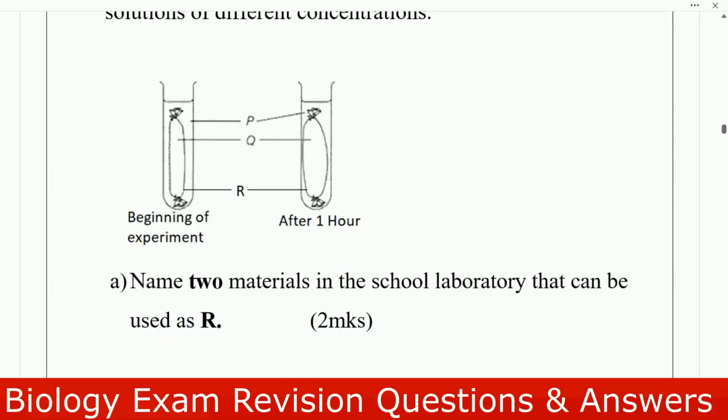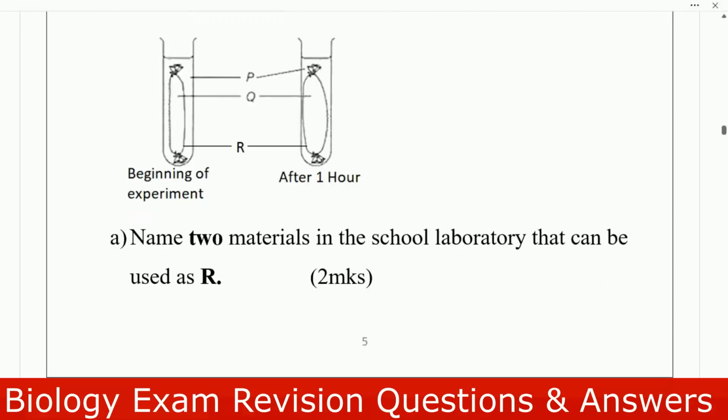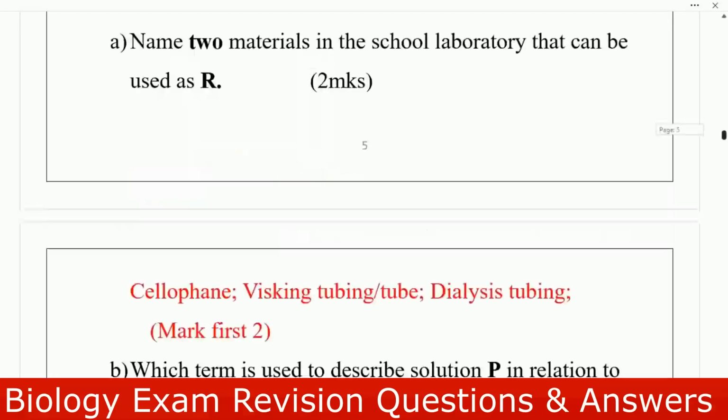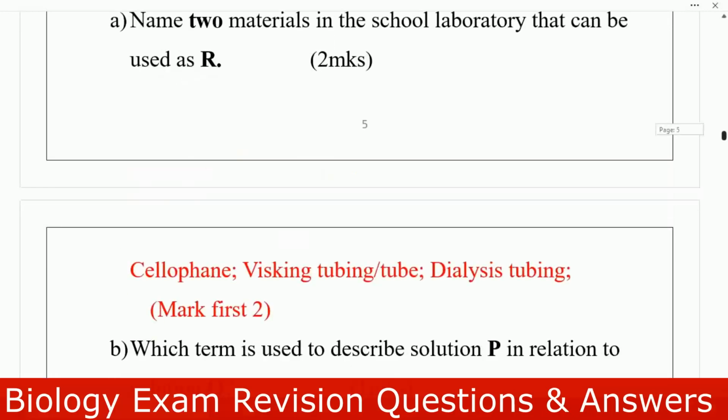We have the beginning of the experiment, then after 1 hour, and they have parts P, Q and R. Name 2 materials in the school laboratory that can be used as R. What materials can be used as R? That one is cellophane, visking tubing, and then dialysis tubing.